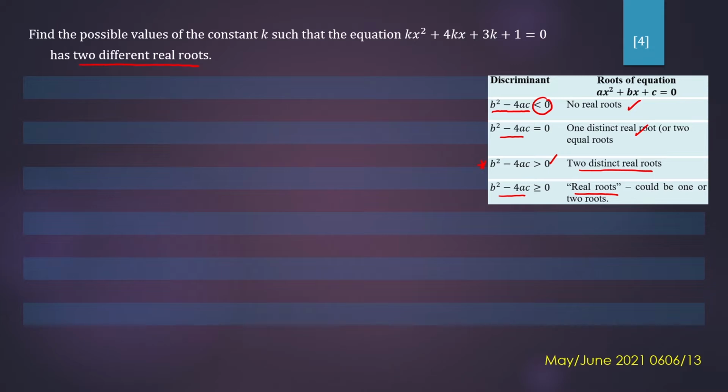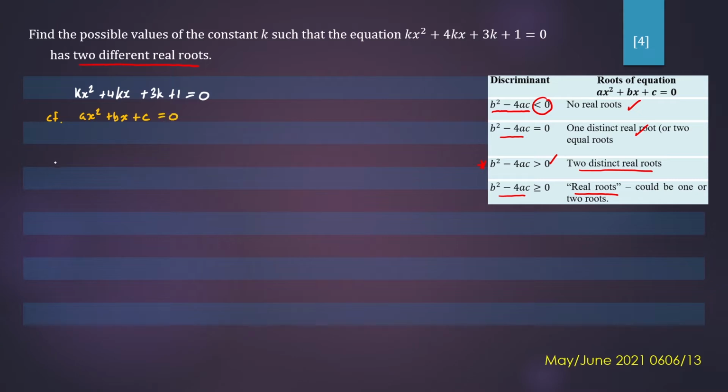The first thing to do, we'll write down our equation again, which is kx squared plus 4kx plus 3k plus 1 equals 0. So let's compare that to the quadratic equation, which is ax squared plus bx plus c equals 0.